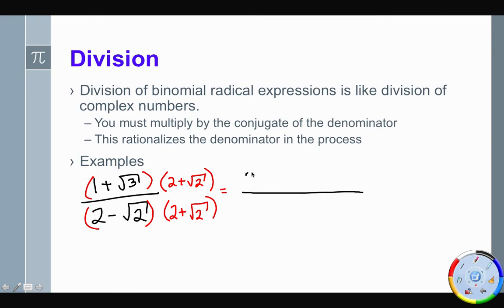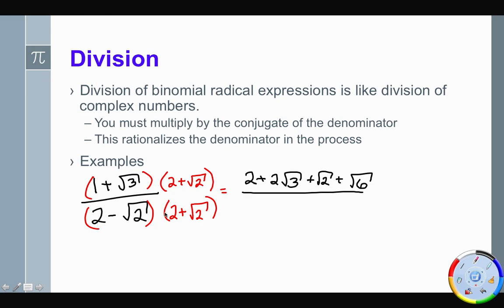2 times 1 is 2. 2 times root 3 is a plus 2 root 3. 1 times root 2 is a plus root 2. And root 3 times root 2 is a plus root 6, as we remembered in the last problem.